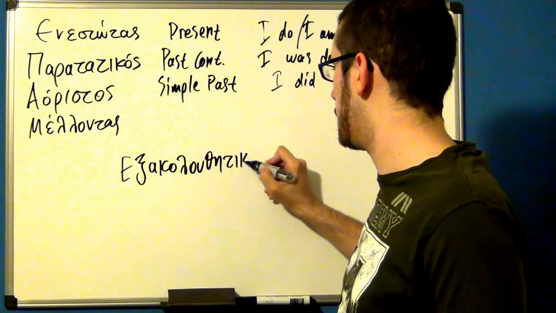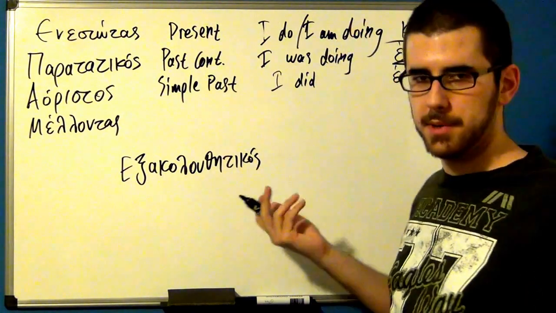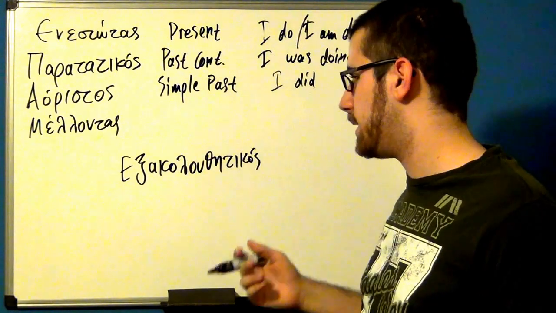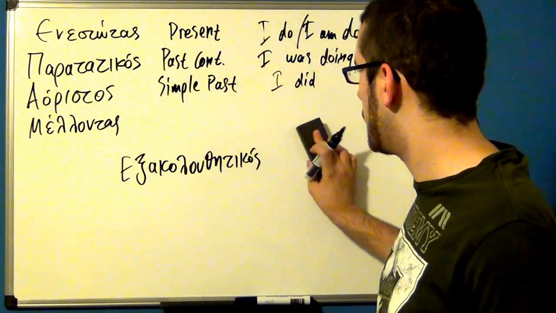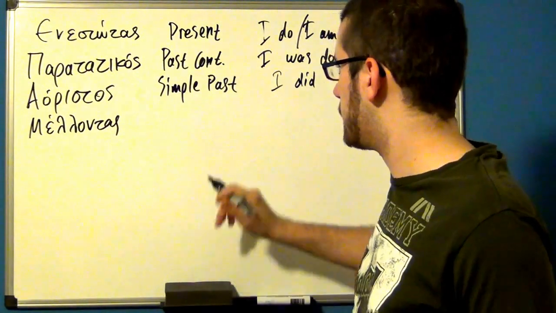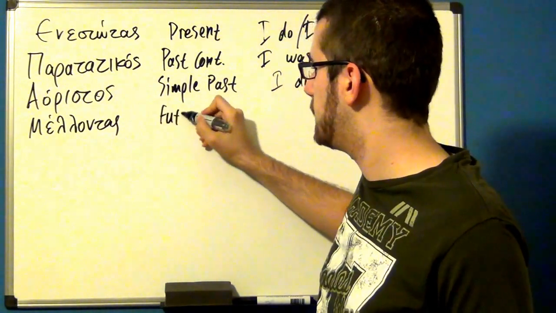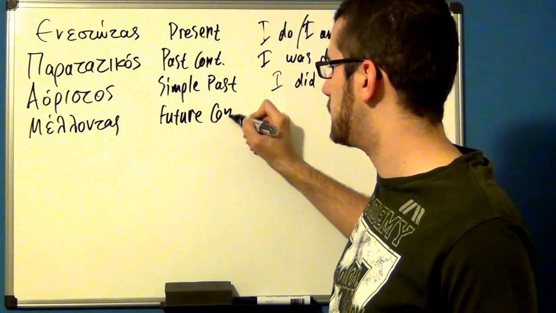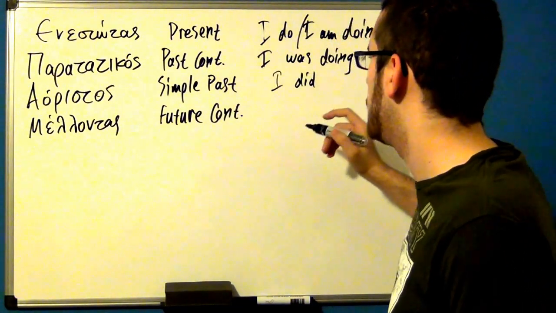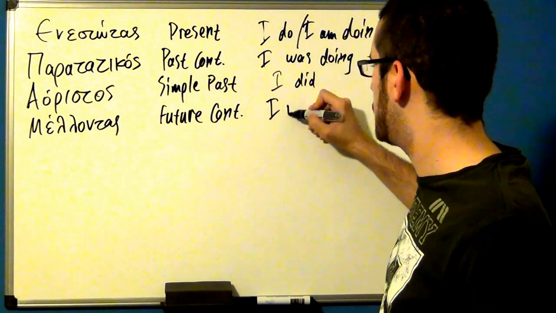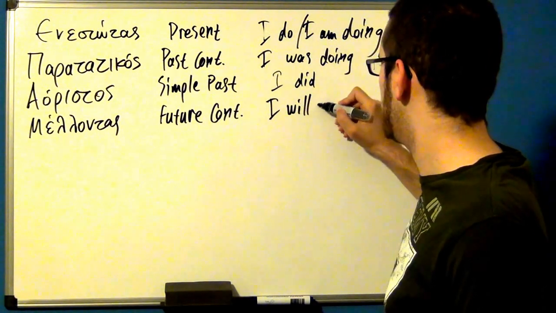Εξακολουθητικός. That's a pretty big word. It actually means something that is happening all the time, okay? So, it's future continuous. Again, I don't know why continuous always appears first. This expresses I will be doing.